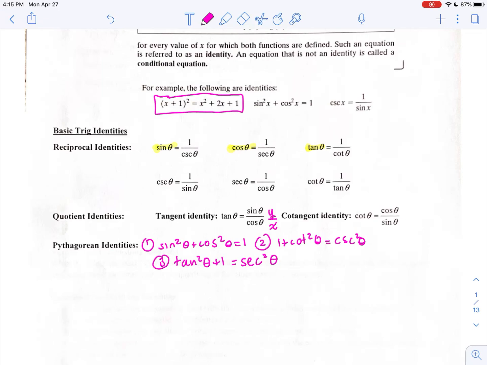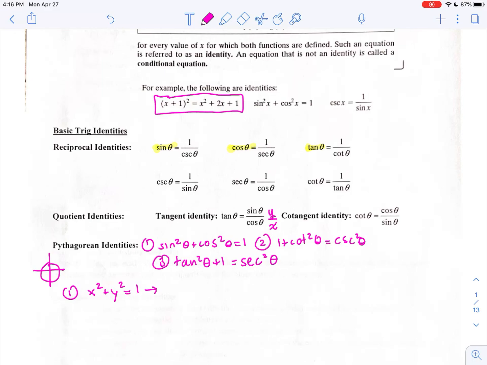So how is the first one true? If we think about our unit circle, and the fact that the equation of a circle with a radius of 1 yields the equation x squared plus y squared equals 1 squared, or just 1, then we know for sure that any point that falls on that unit circle should satisfy that equation.